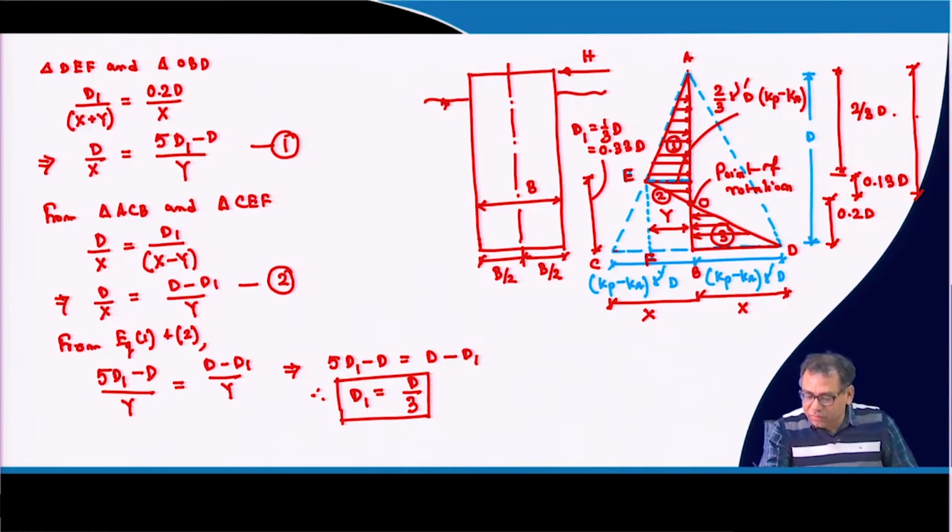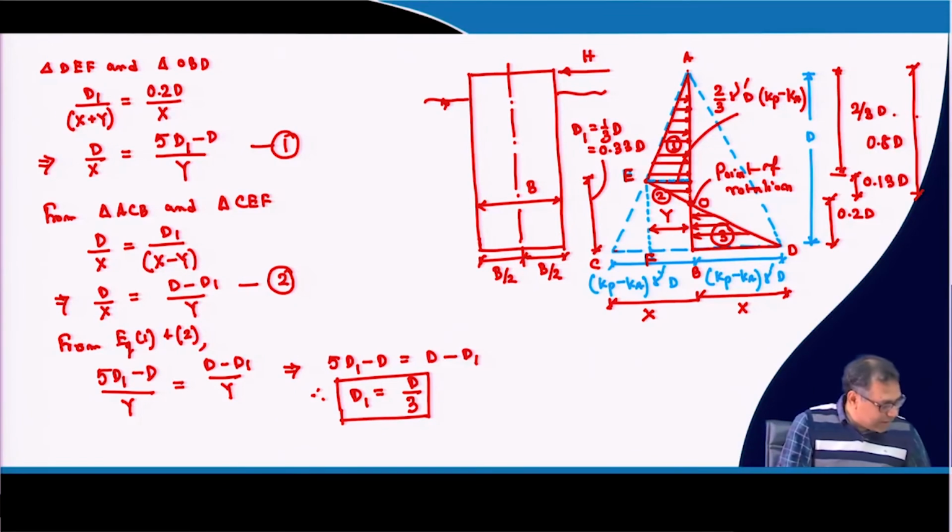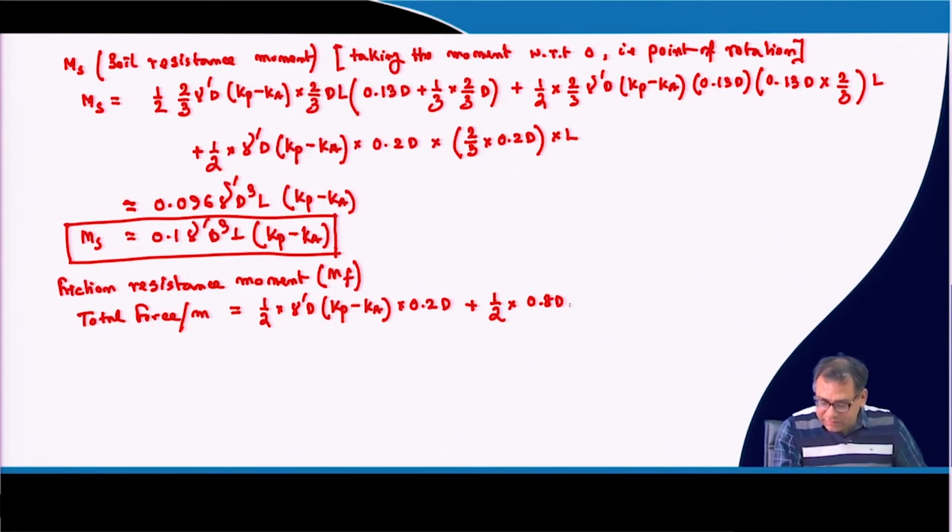So, from A at the top to point O will be 0.8 d. So, I can write that this is 0.8 d, and then the height will be 2/3 gamma dash d (Kp minus Ka).